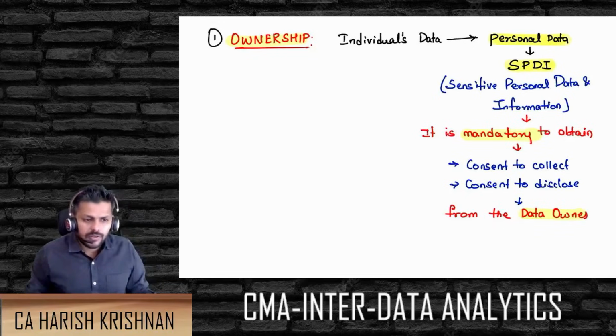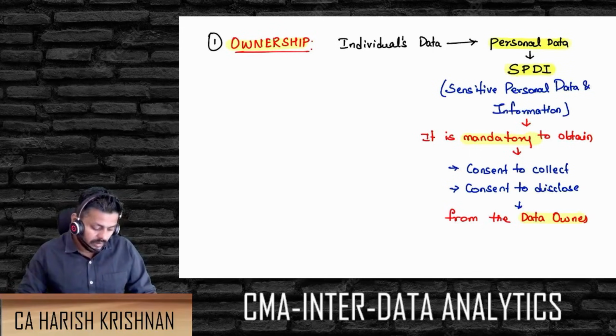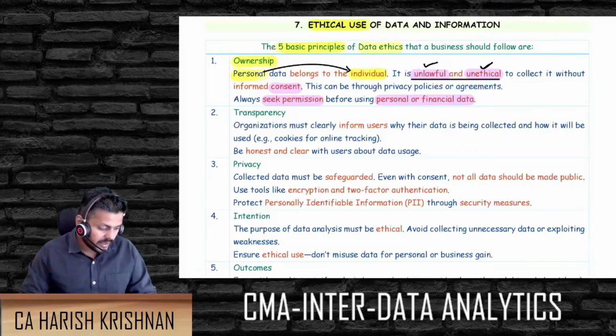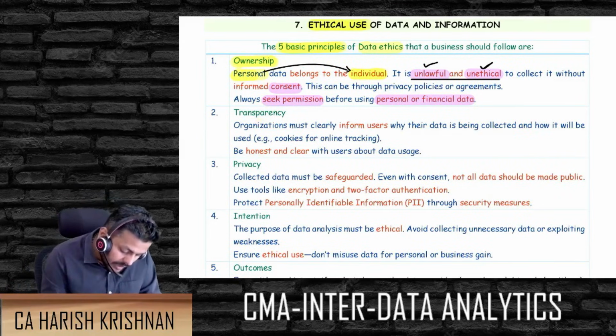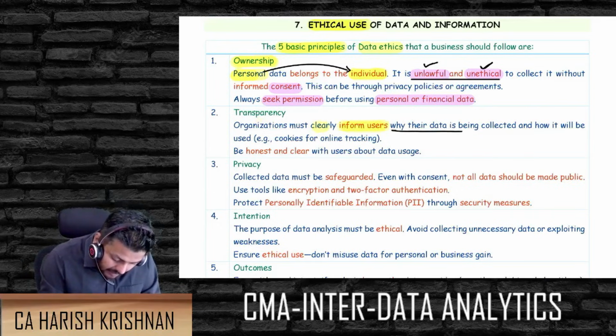The rest of them are very simple. I hope everybody got the first one, ownership. Now let's move on to the second one. We are talking about transparency. Clearly inform users about why their data is being collected, and how it will be used.